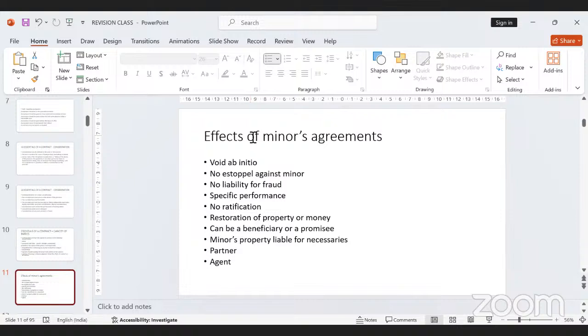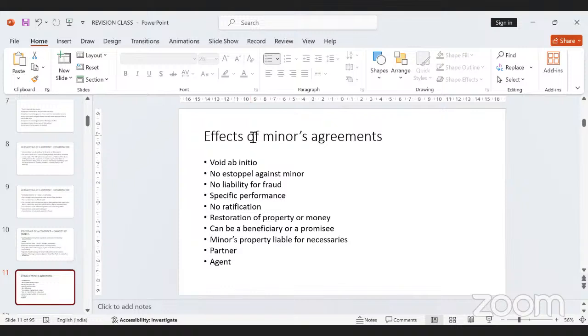But if a minor is borrowing something from a money lender for his necessaries, necessaries means basic requirements. For example, I am a minor. I don't have anybody to take care of me. I have a lot of property. But now I don't have food to eat. I don't have money to pay my college fees, school fees, medical expenses.